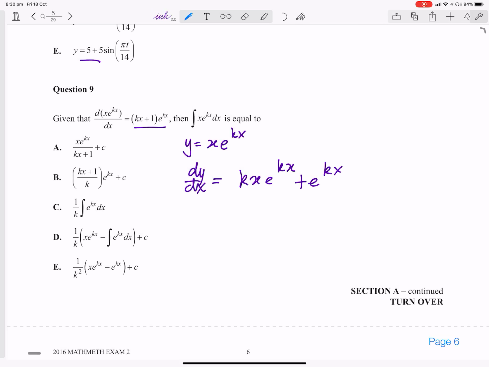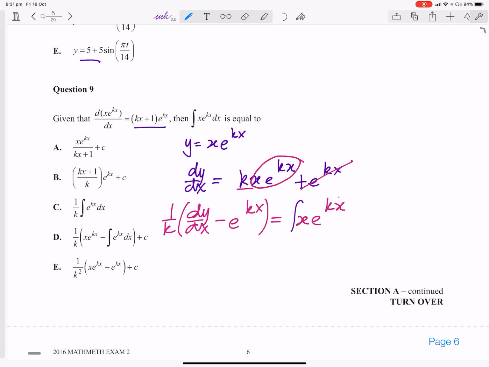Now basically what we want to integrate is this bit here. So if we bring this to the other side, we get dy dx minus e to the kx equals, because we've got a k there, I'm going to put the 1 on the k out the front, and that equals x e to the kx.